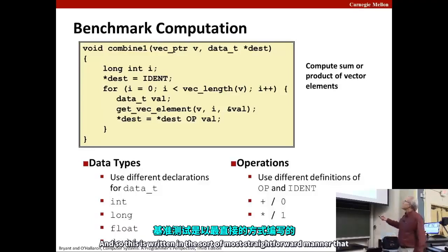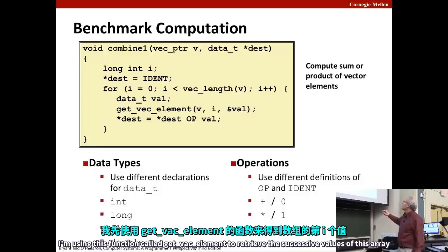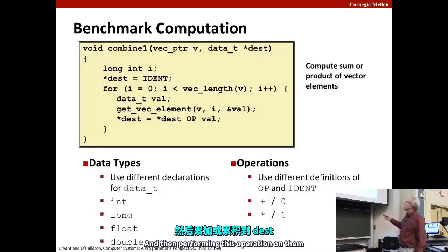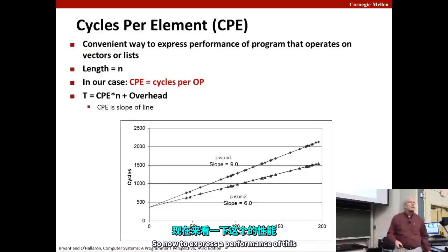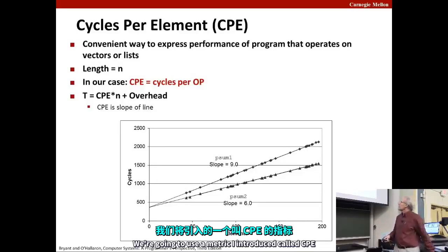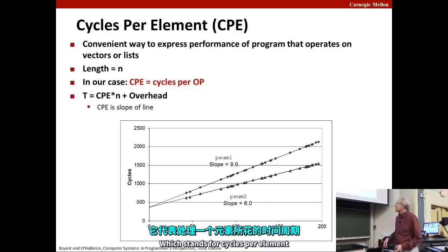And so this is written in the sort of most straightforward manner, that I'm using this function called getVecElement to retrieve the successive values of this array, and then performing this operation on it. So now to express performance of this, we're going to use a metric I introduced called CPE, which stands for cycles per element.